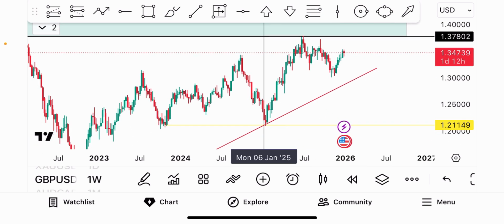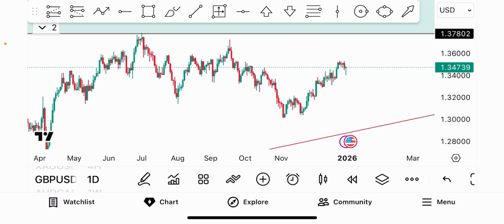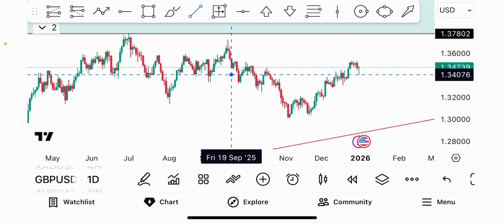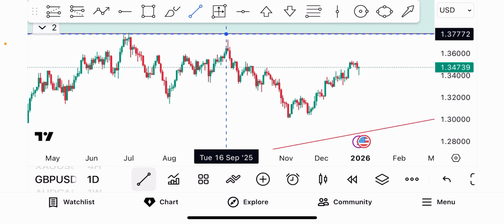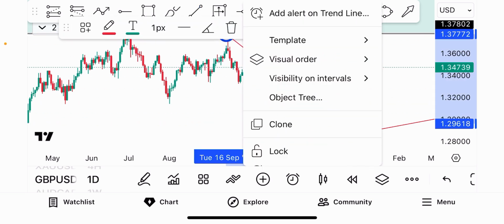Now let's drop down to the daily time frame. Here from the daily time frame, we can clearly see how price was pulling back, or we were having a local bearish trend, as we can see here.